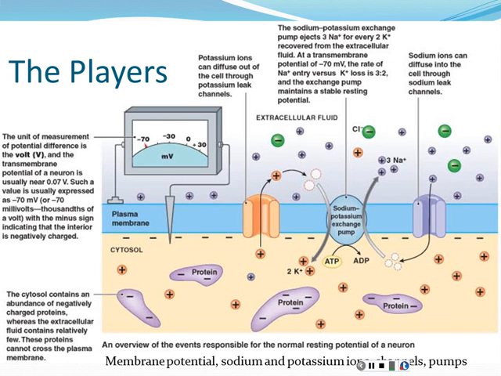Now, what does that mean? Well, the number, the 70, that's the magnitude. How much electrical difference is there across the membrane? So what that means is that there are 70 charges, either negatives or positives, that have been separated. So the electrons have been separated from the protons. And then, so minus 70. And what we'll see is that resting potential is going to change as we affect this balance.